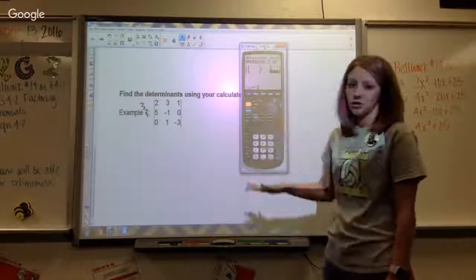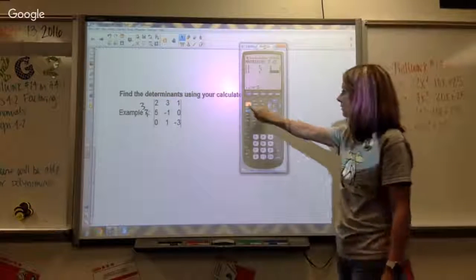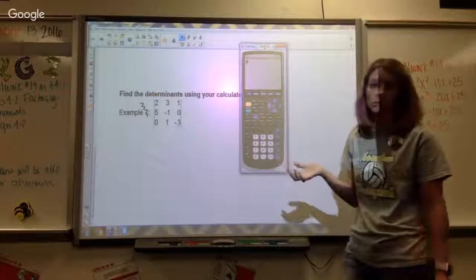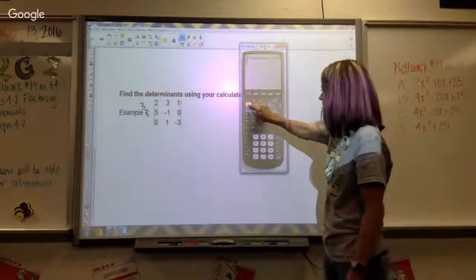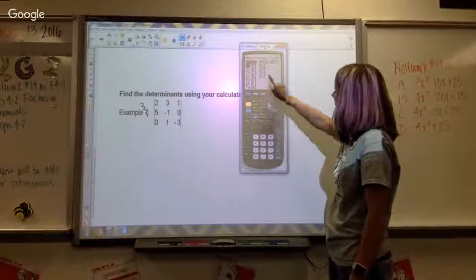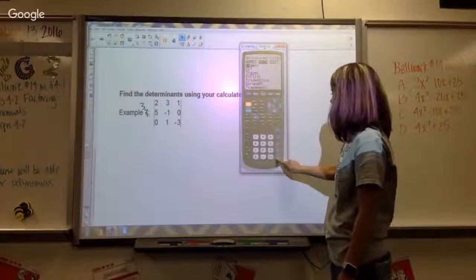Once you've entered in your matrix, you're going to find the determinant. So you always have to be at your home screen. Second quit or second mode takes you back to your home screen. You're going to find the determinant by doing second matrix, so back to that x to the negative 1 button. And then you're going to go over to math, and number 1 is DET, which is determinant.